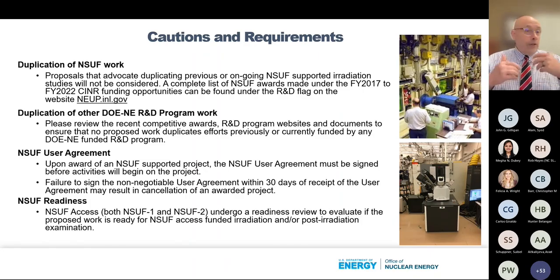And if for some reason you feel you can't sign it, then contact NSUF as soon as possible. It's unlikely there's a workaround for that, but please ask before something fails otherwise. And then there's NSUF readiness, which I mentioned I think 4 times already. It is very important. Once again, if you have questions, your technical lead can help you on that. Next slide, please.